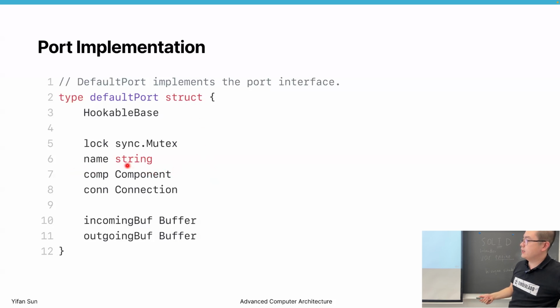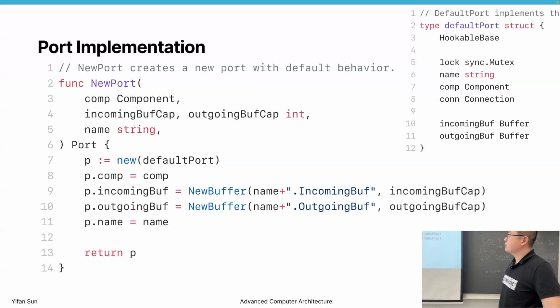Okay, so this is the default port. Nothing really special. It has a name. It has a component. It has a connection. They're all single elements, not arrays. Then it has an incoming buffer and an outgoing buffer. There's a lock that prevents some race conditions. So when we create a new port, we need to specify the owning component, the incoming buffer cap and the outgoing buffer cap, the capacity, right?